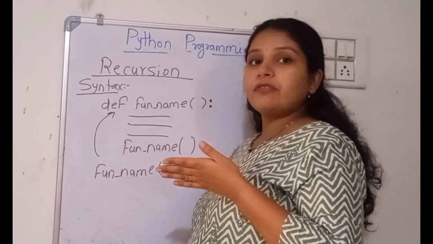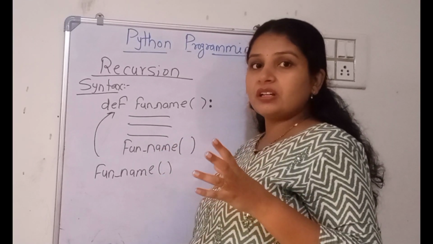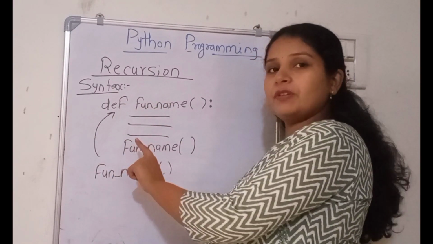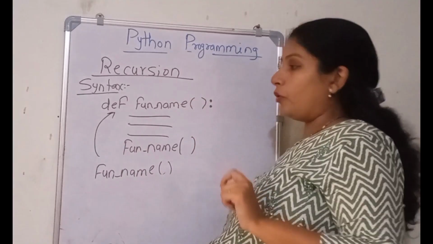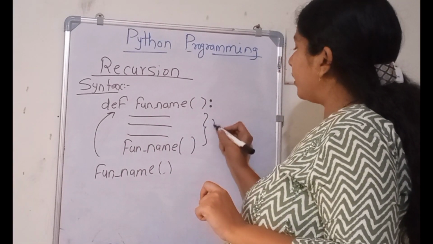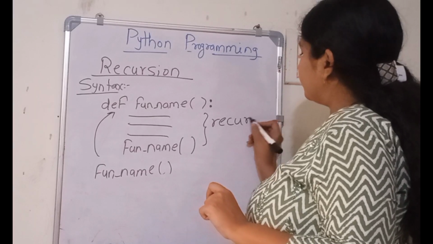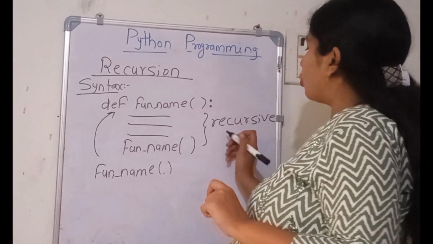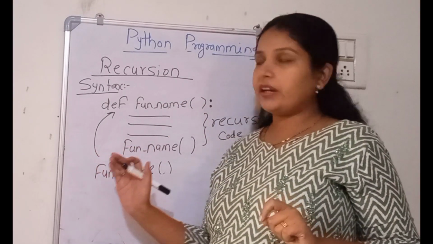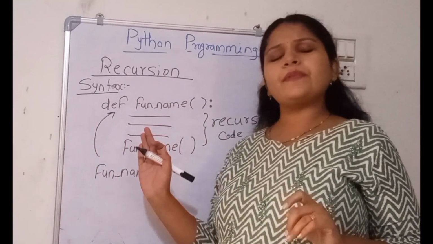It could lead to an infinite loop if you don't mention the condition properly, but this process will continue till some point. And this code is called recursive code, because it is executing again and again, right? So basically this concept is recursion.